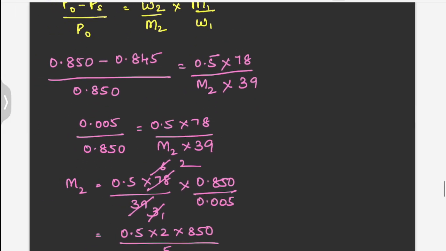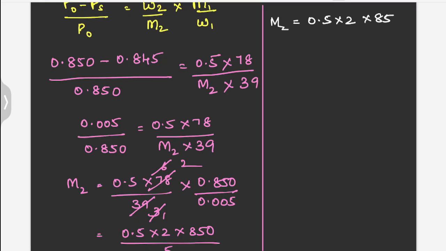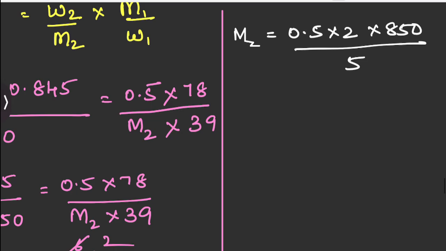So now, let me write here on the other side. M2 is equal to 0.5 into 2 into 850 divided by 5. So this is what we got. Cancel this, 5 ones are 5. So this is equal to 0.1 into 2 into 850.